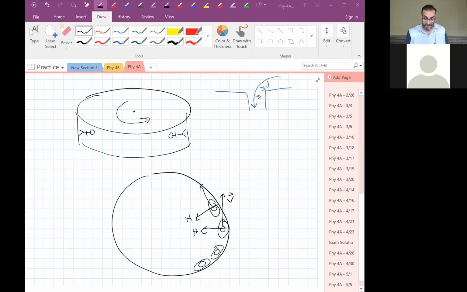The G's that a jet pilot feels. So 1G is what you'd feel standing on Earth, right? So it has to do with your apparent weight, right? We know how to calculate apparent weight. So if a car goes down through a valley, the person feels heavier at the bottom, and they feel lighter going over the top.